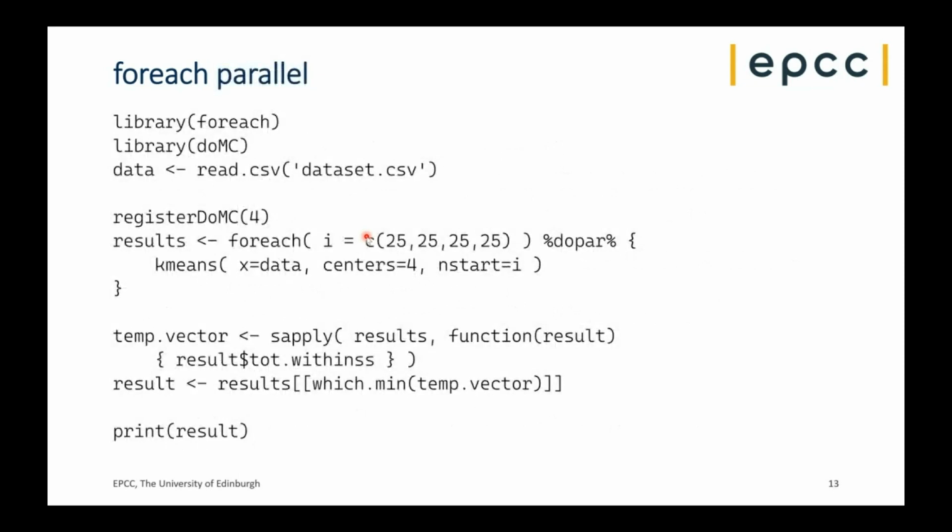The nice thing about foreach is it lets us split up our data across workers, so we can combine it with the doMC library, the multicore library, to bring in this doParallel function here. So we have a foreach, and instead of having do, we've now got dopar, and we've set it up to use 4 workers. So we've said create 4 workers, run this in parallel on those 4 workers, and everything else stays exactly the same, and the library just handles that for us.